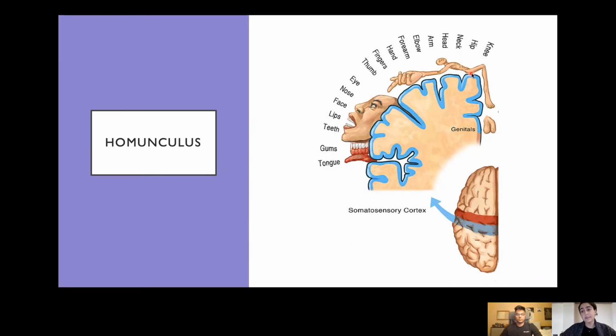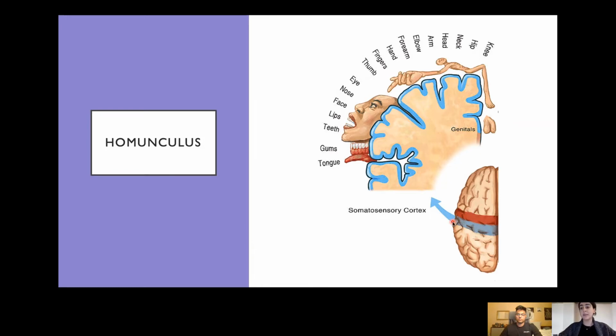And this is a very weird human being, I know. It's called the homunculus, and basically this is where each part of the body is seen in the cortex. So if there is a stimulus that you feel in the tongue, the third order fiber that carries the stimulus will end up in this part of the brain.